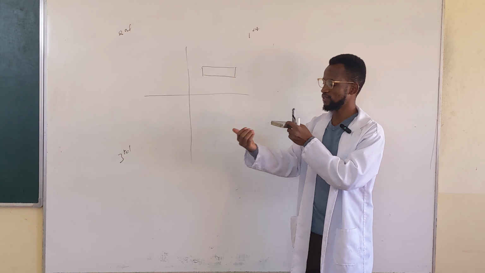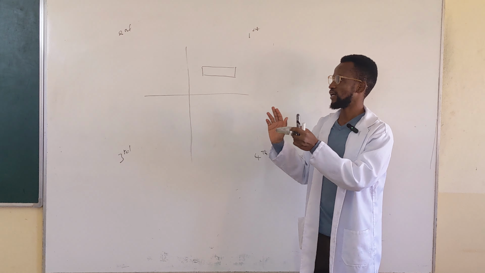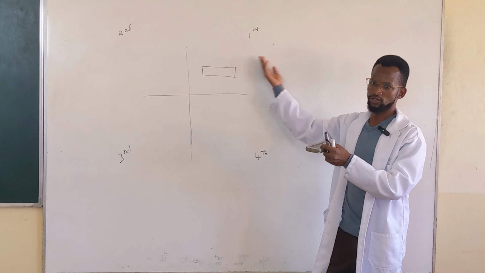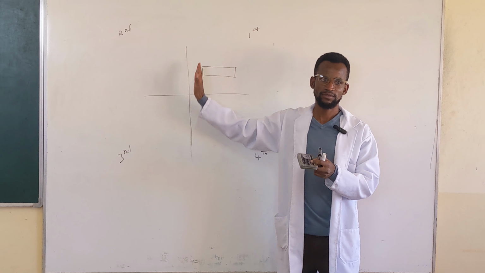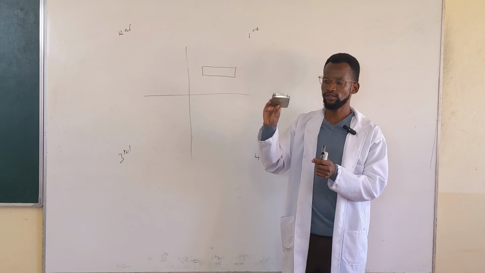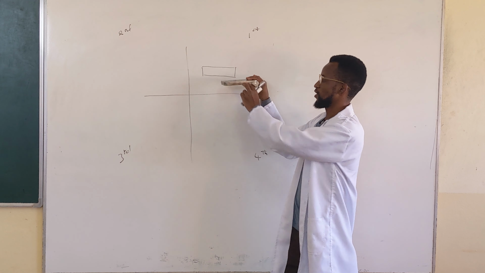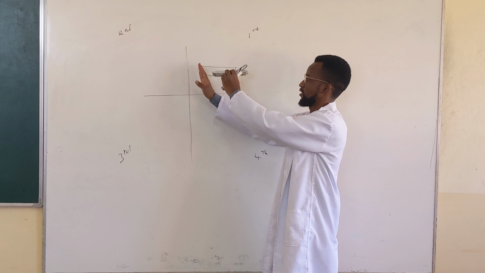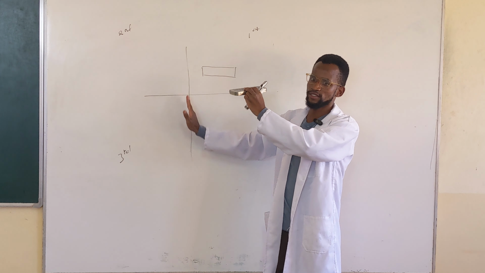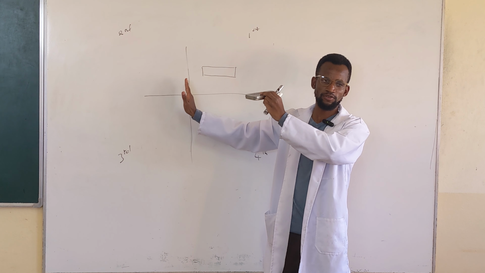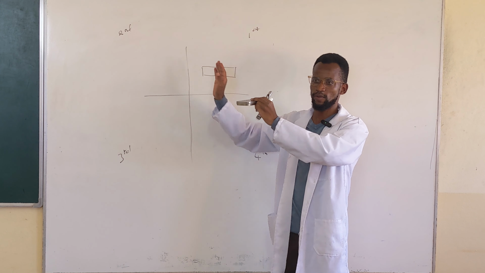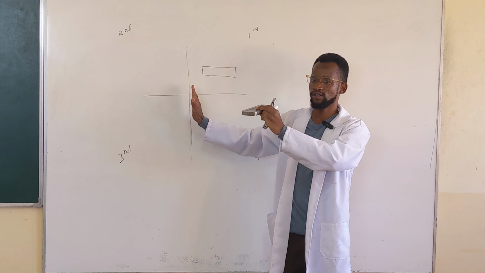Whether you're viewing it from this side or this side, you don't have a plane this side. Remember, there's no plane this side, but there's a plane this side. So the end view or the side view, when you look at it from this side, will show on a plane that is this side. Are you following? The end will show on the plane that is this side.